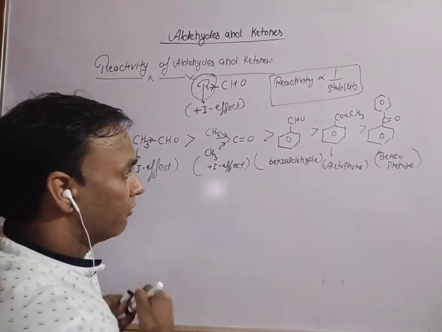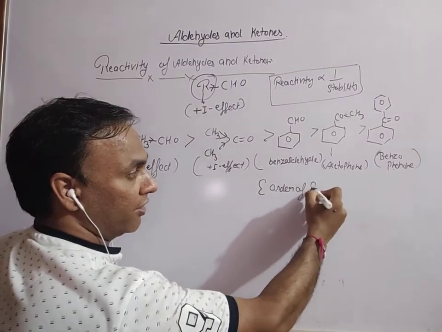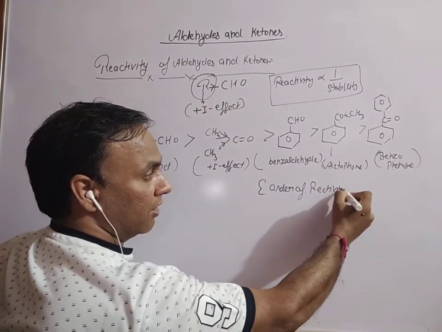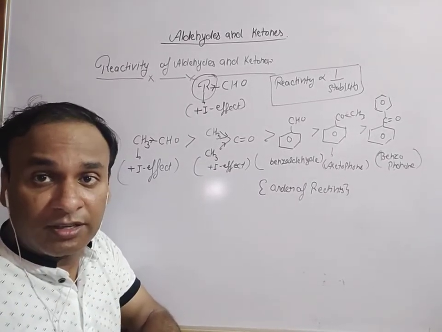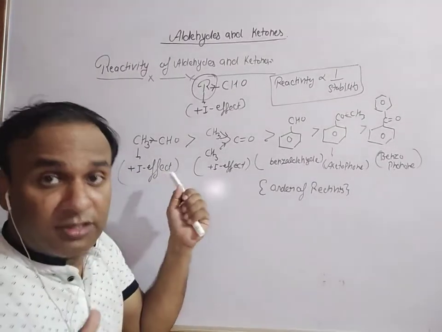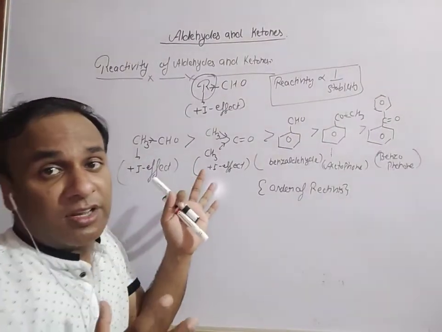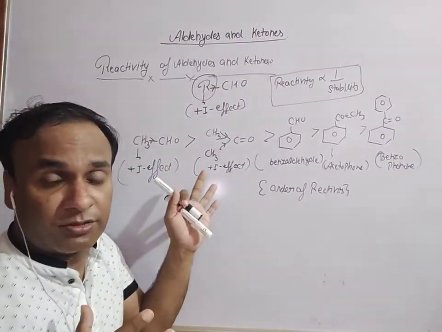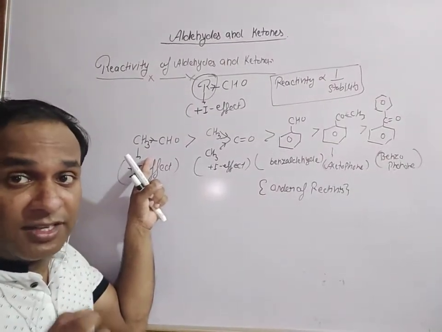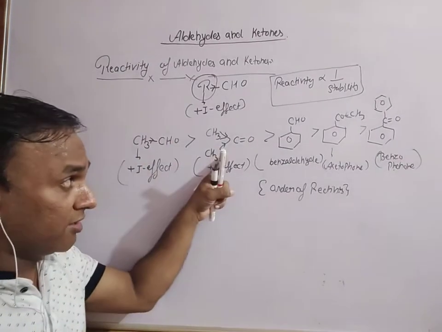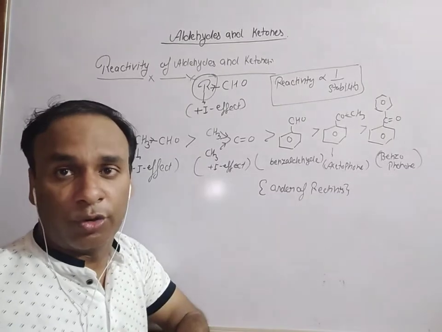This is the order of reactivity, and the reverse order is the stability. This is based on reasoning, and this question is generally asked as a reasoning based question. First is acetaldehyde, CH3CHO. Then acetone, benzaldehyde, acetophenone and benzophenone. This is the reactivity order.